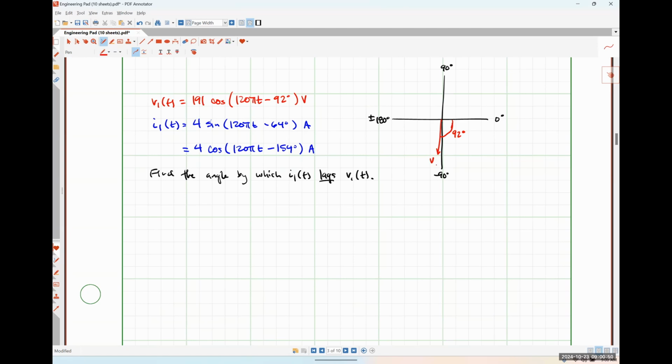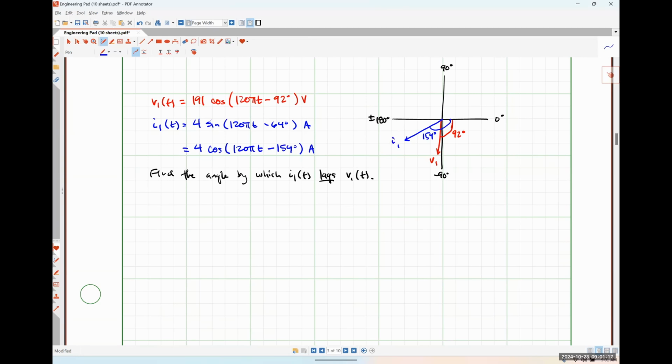So this is V1. My current is at negative 154 degrees, so that would be somewhere in this area. Doesn't particularly matter how accurately I draw it, just that I get the numbers correct, okay? So this is 154 degrees. And that should be I1.